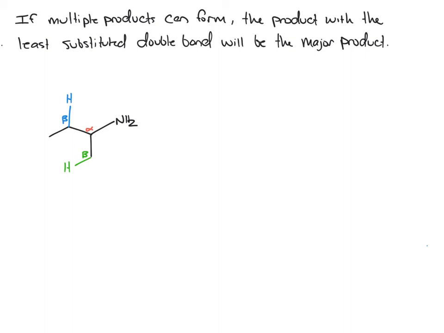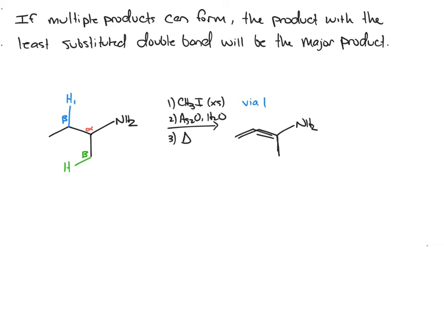Now under the Hofmann elimination conditions, excess iodomethane, silver oxide and water, and heat, if we eliminate through, we'll just say beta hydrogen type 1, if we eliminate through that beta hydrogen, we're going to end up with this alkene.